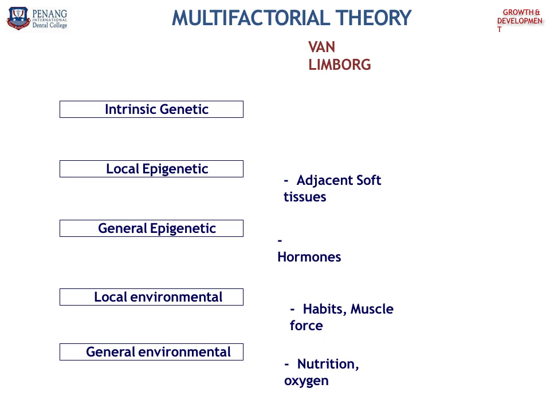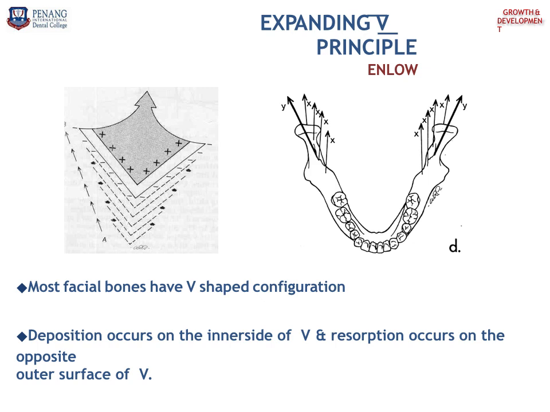Then we have the expanding V principle, which states that most of our bones grow in the shape of a V. So if you look at this picture, this is for our mandible. This is initially, and it is progressing and enlarging on the other side.